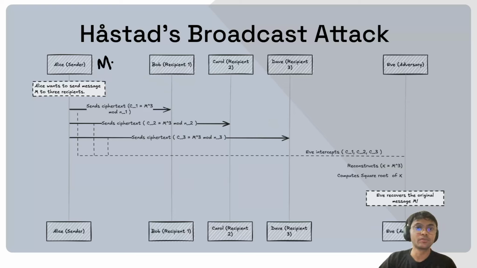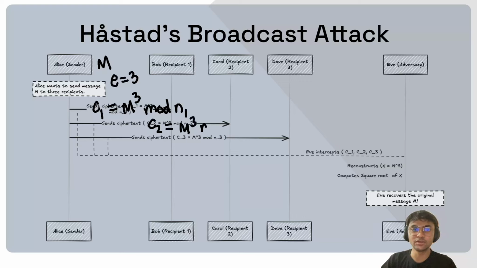The ciphertext C1 is computed as M raised to 3, because Alice chose the public exponent to be 3, mod N sub 1. For Carol, the ciphertext is M raised to 3 mod N2. And for Dave, the ciphertext is M raised to 3 mod N sub 3.